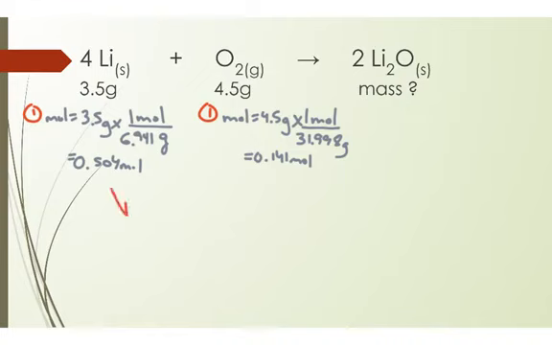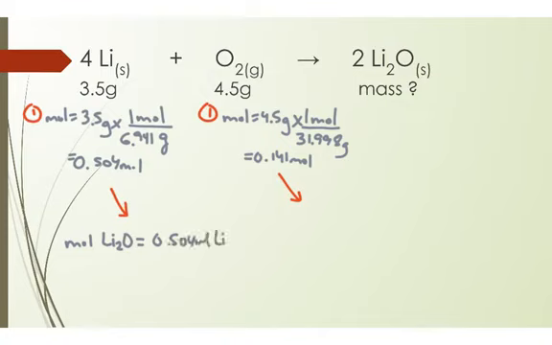Step two, I'm going to take each one and use these moles to find moles of product. So in each case, I'm going to look for moles of lithium oxide using the moles of each ingredient.